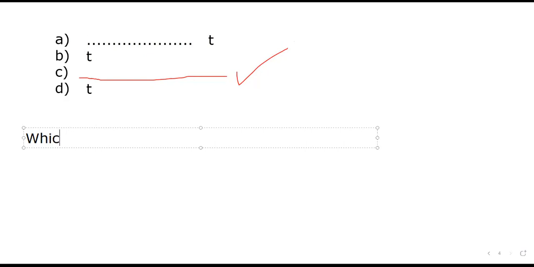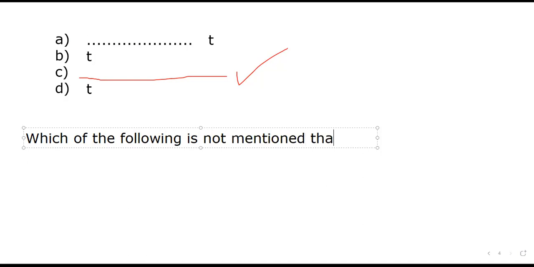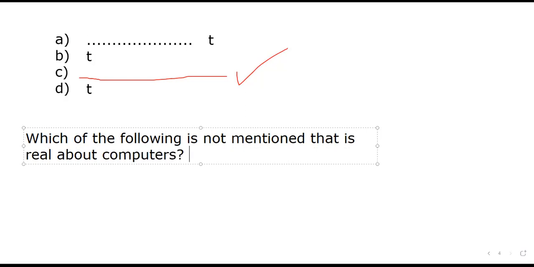Which of the following is not real? Also, they can have, is not mentioned that is real about computers. Okay, so automatically you will have 4 options. Identify the 4 options.